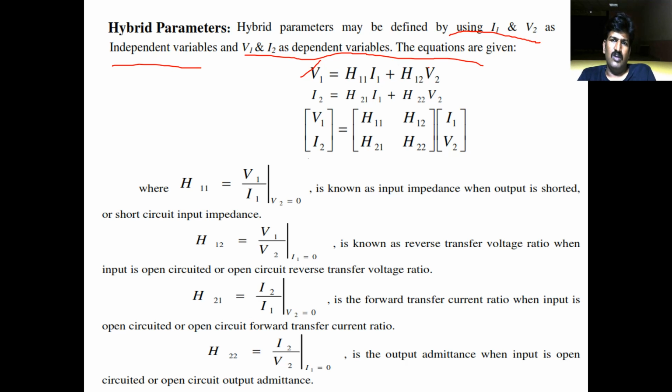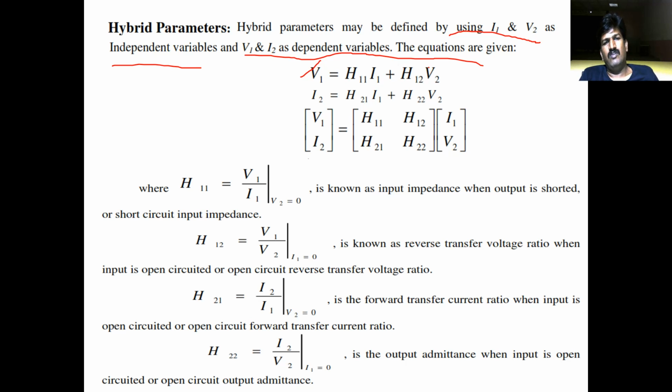I2 is equal to H21 I1 plus H22 V2. In matrix form you can write V1, I2 is equal to H11 H12 H21 H22 into I1, V2. What is H11? What is H12? What is H21? What is H22? We have to know.